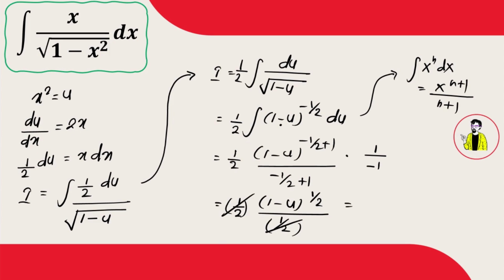Now you have square root 1 minus u, but we can't write the answer using u because u is the selected variable, so our final answer should be in x. So the final answer is minus square root 1 minus x squared.